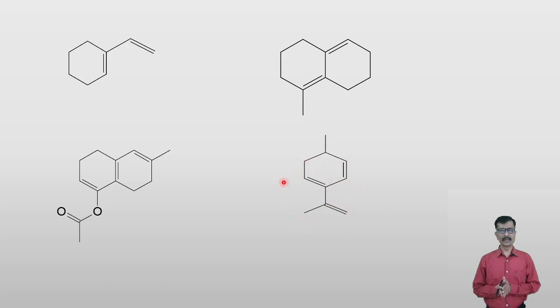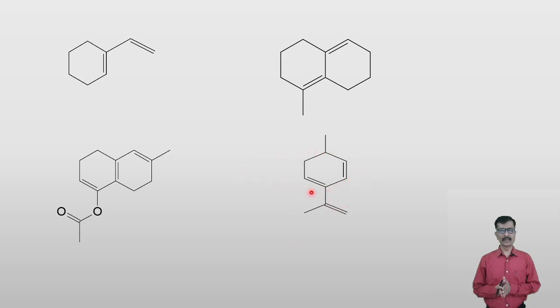This is a heteroannular diene system, whereas this one is a homoannular diene system. In this particular structure, both systems exist, homoannular as well as heteroannular, but we have to consider the homoannular system because it has a higher value.